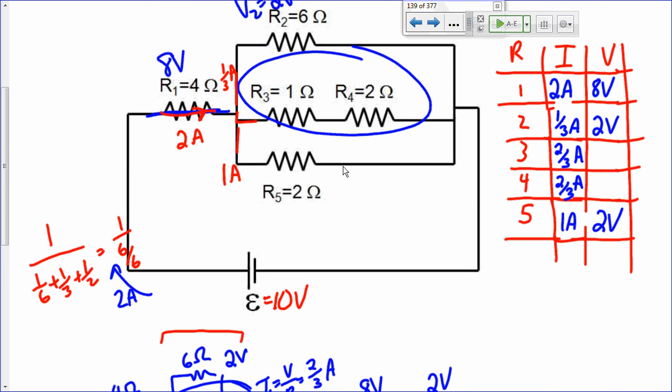So V is IR. For V3, that's going to be 2/3 times 1, or 2/3 volts. And without doing the same application of Ohm's law, what do I know should be the voltage for V4? This is by the loop rule. 1 1/3, right?